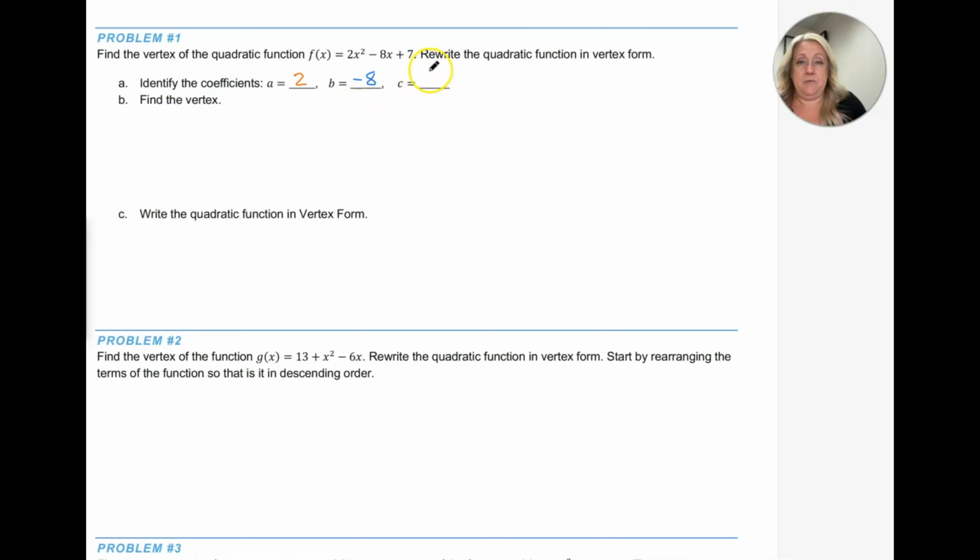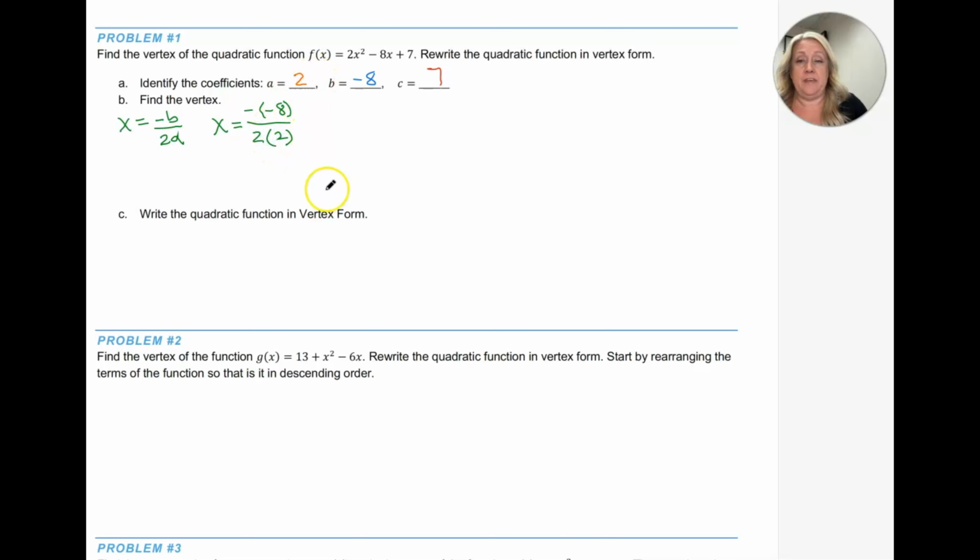All right, so now let's go ahead and find the vertex using the vertex formula. We said that with the vertex formula, we're going to have x equals negative b over 2a. So we'll have x equals, we've got a negative 8 here, so we need to be careful because we're doing the opposite of negative 8, all over 2 times a, which is 2.